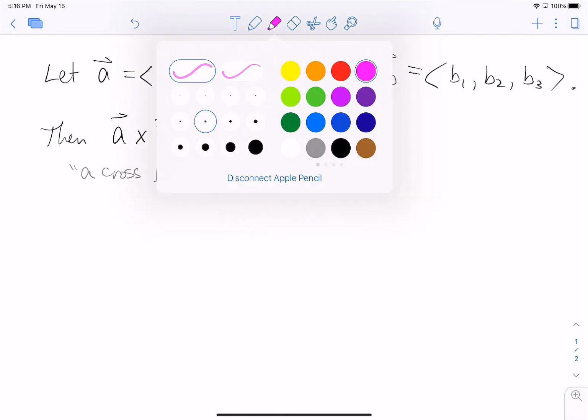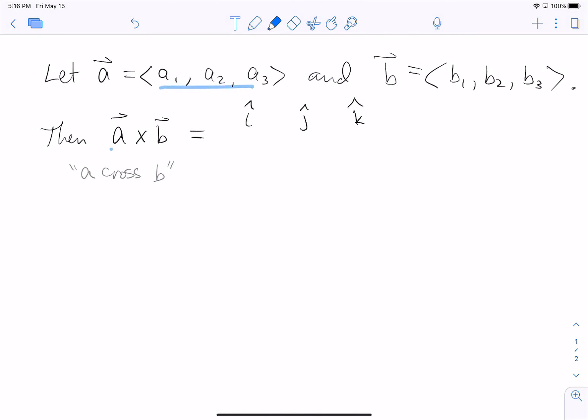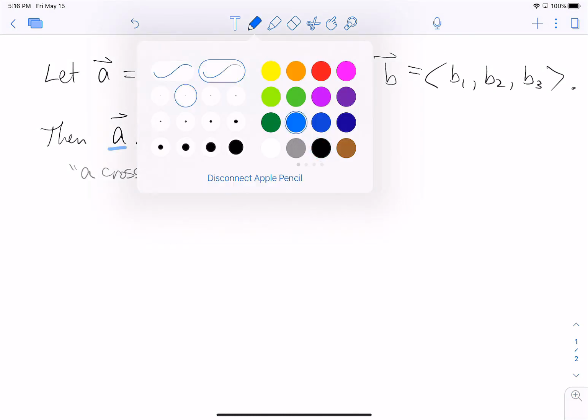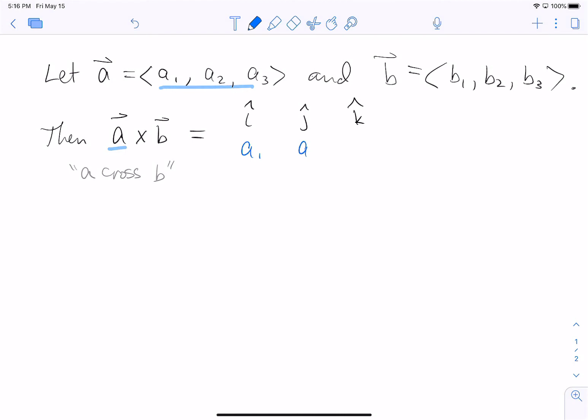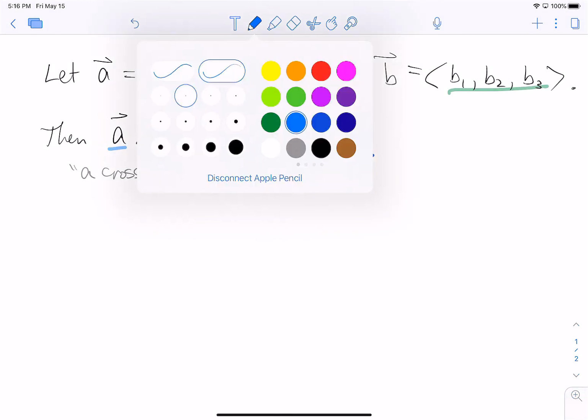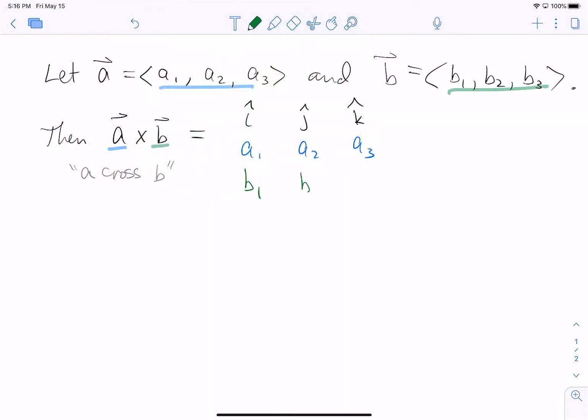The second row are the components of a, so a1, a2, a3. The third row are the components of b, so b1, b2, b3. And we compute this determinant the way we would compute any determinant.